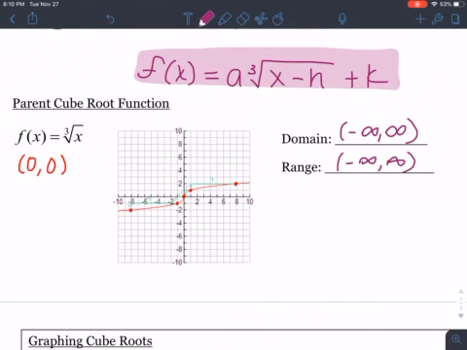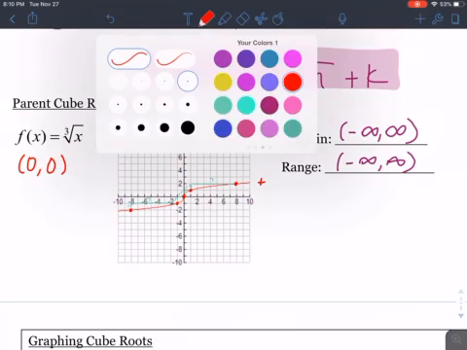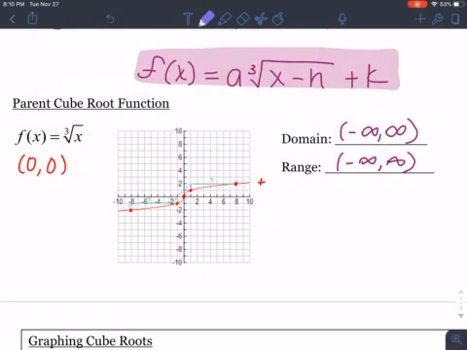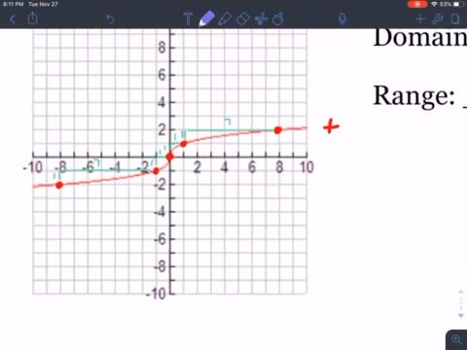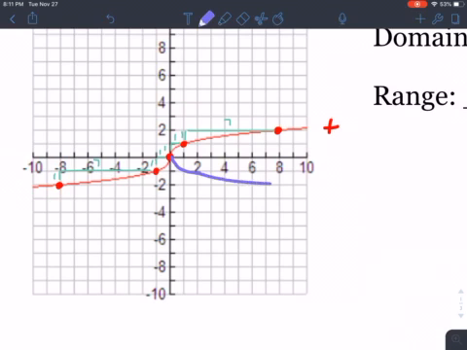Now, when it's positive, what I want you to know is that it is going up to the positive values. When it is negative, what's going to happen? Think about our negative square root. Our negative square root goes down like this. So this side really reflects down.